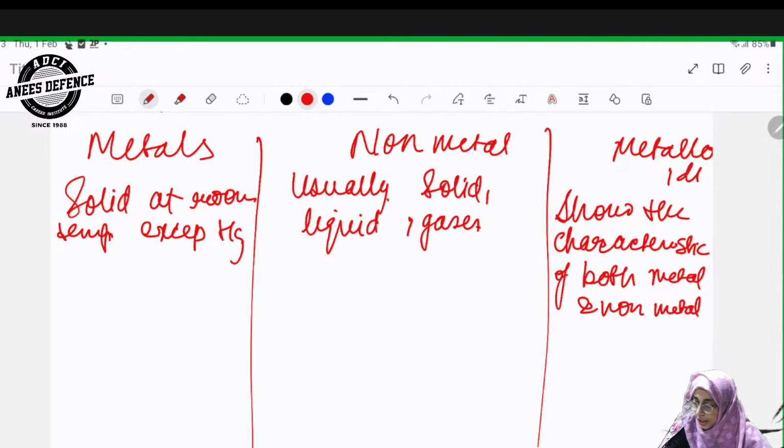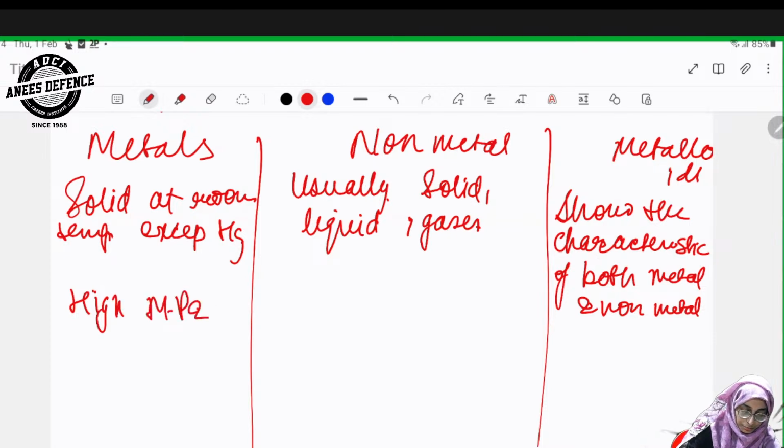The metals generally have high melting points and boiling points. They are good conductors of heat and electricity.